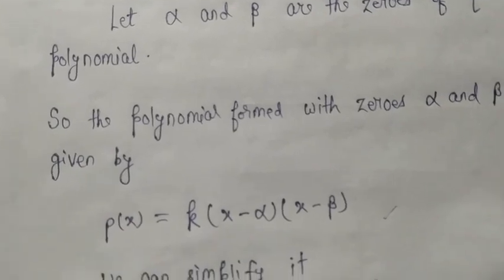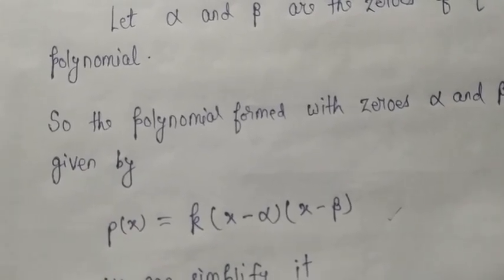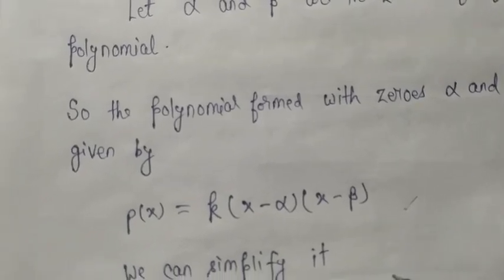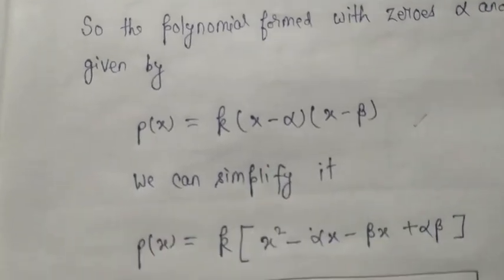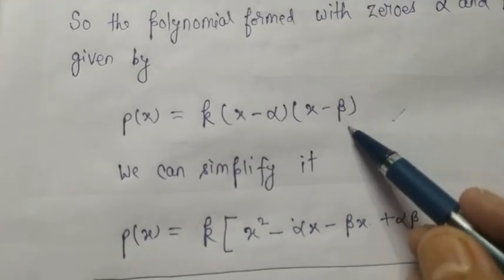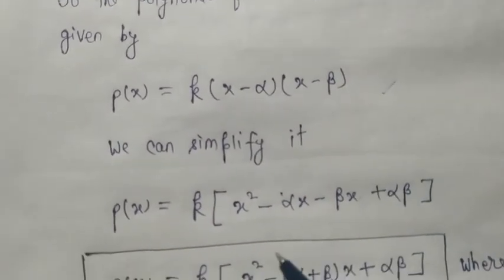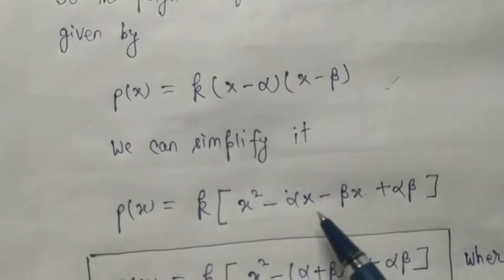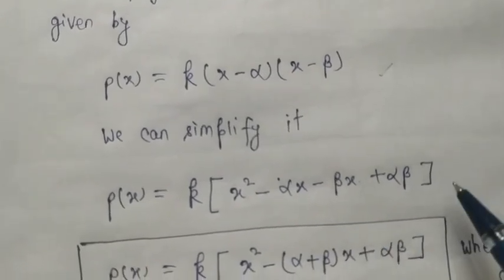This came from the last part, where I discussed the sum of zeros and the product of zeros. Now come to the latter part. When you simplify it, you will get p(x) = k[x^2 - alpha x - beta x + alpha beta].